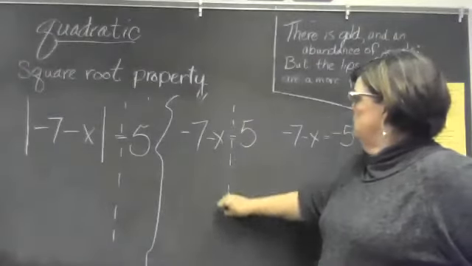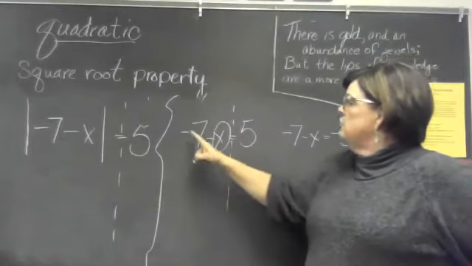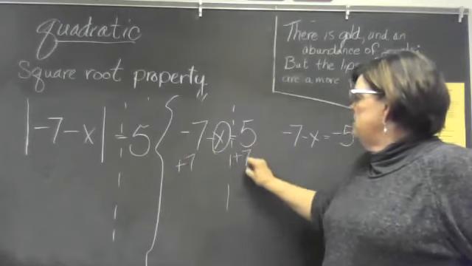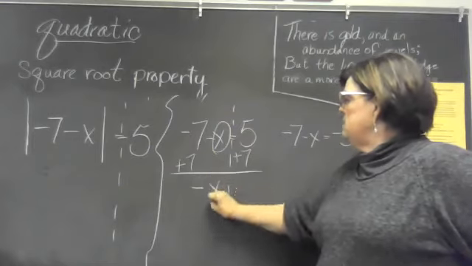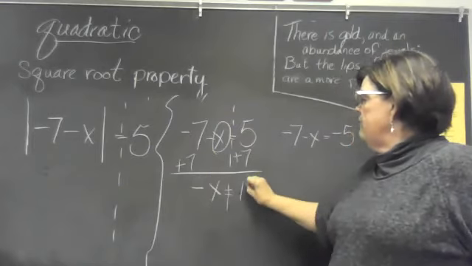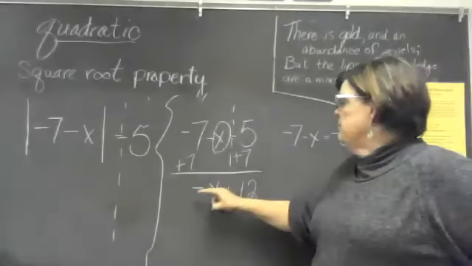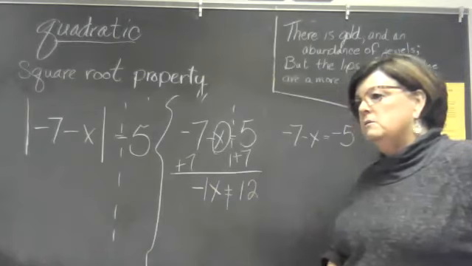So I want the x by itself. And so I'm going to add 7. So I have a -x equals 12. And remember, this negative in front is like a -1.